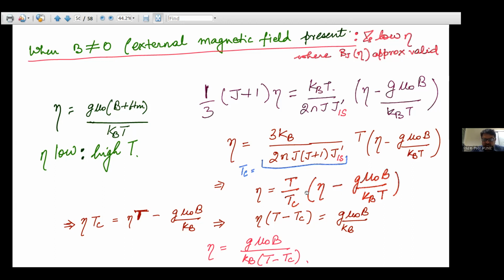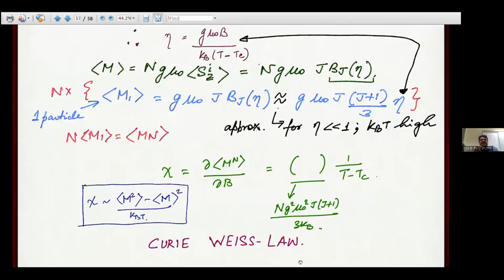So you can take this Tc here and rewrite the equation, you bring this temperature within the brackets, you push it inside the brackets and simplify. You'll get essentially eta equal to G mu0 B by kB (T minus Tc), right?